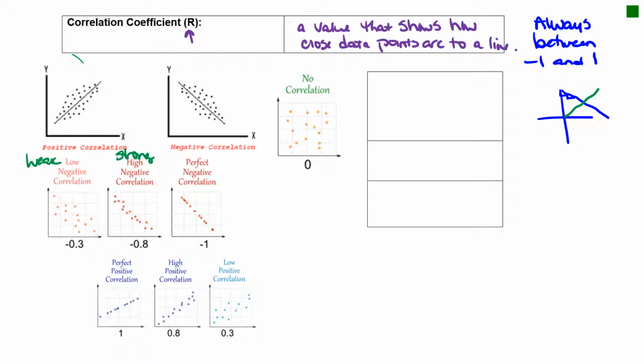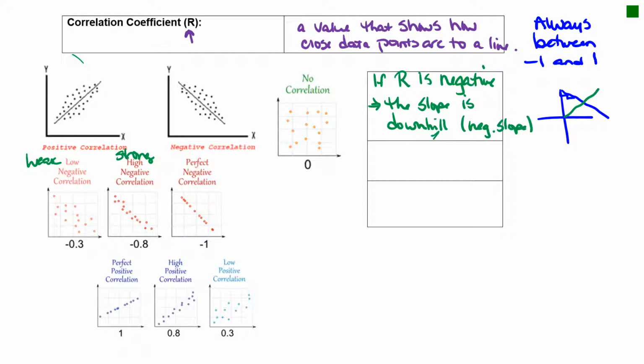Okay, so if your correlation coefficient is negative, what's that tell you about the slope? The slope of the line is downhill, which means it's a negative slope, right?